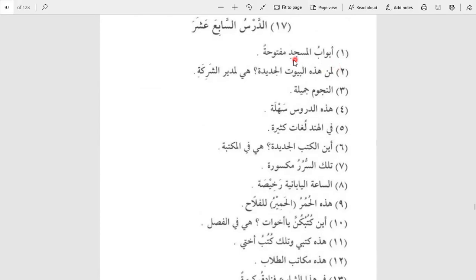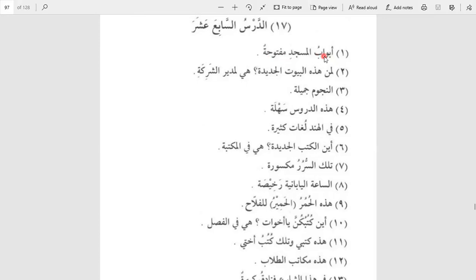Abwabul masjid maftuha. Let's look at this. This is Abwabul Masjid, so this is mudaf. Albab, abwabu. These are doors. If it's one, it's babun, and if it's plural, it's abwab. So Abwabul Masjid Maftuha. And look at this.